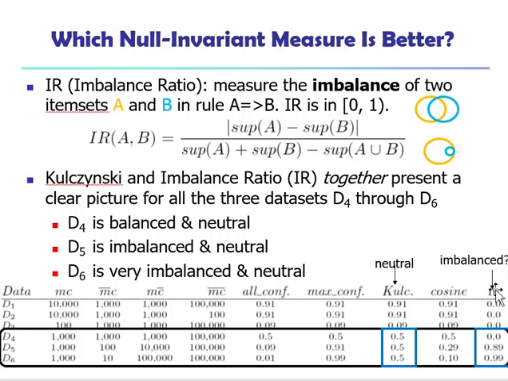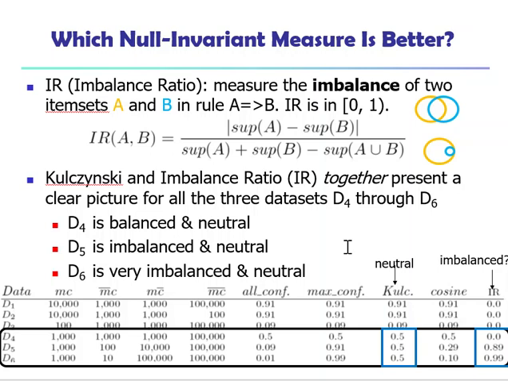And then we look at the imbalance ratio of this, we can see that the first data set is very balanced and D5 and D6 are very imbalanced. So the book argues that if you use Kulc together with the imbalance ratio, you get a more truthful picture of what the data set holds.